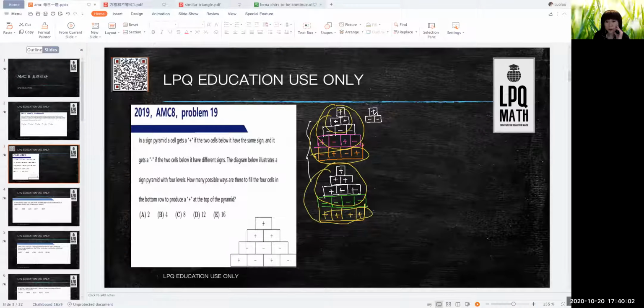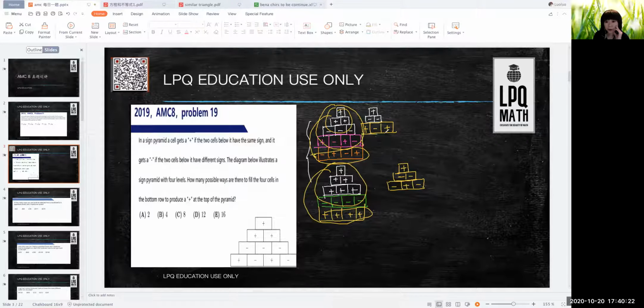And for the other case, I don't think I have to do that. You will know it has the same options: positive, negative, positive, or negative, positive, negative, right?